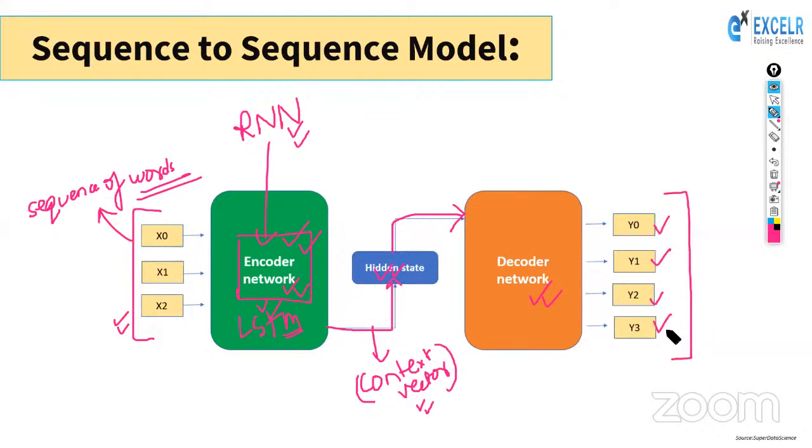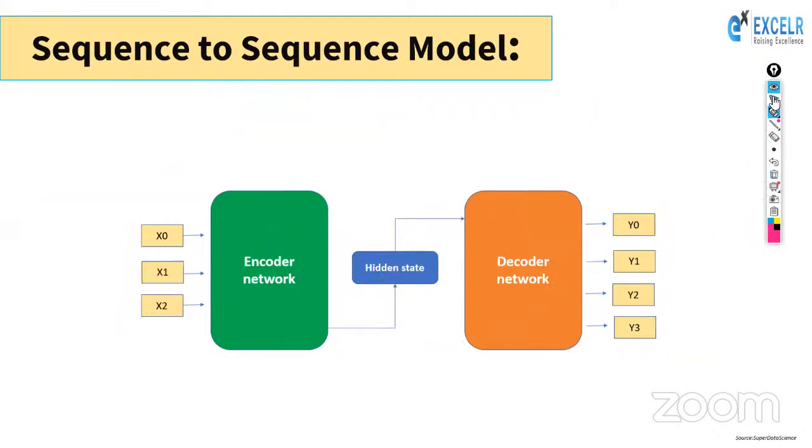What are the most probable outcome words for which the user wants to get an answer, or which the user wants to type? That is what we get from the decoder network. And the decoder network, again, is one kind of RNN network, a recurrent neural network. More specifically, it is the LSTM model. All right.